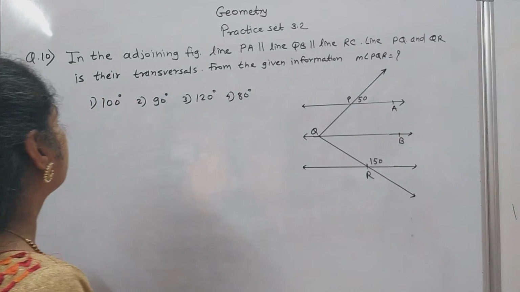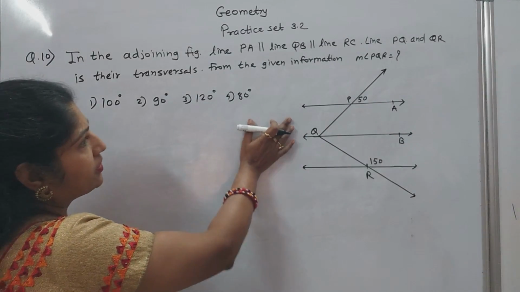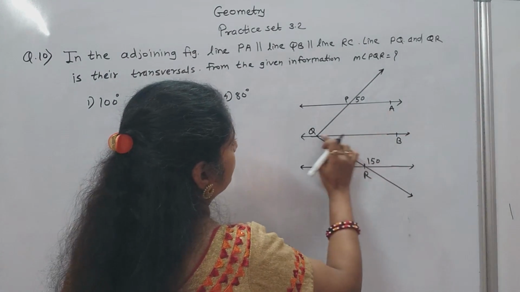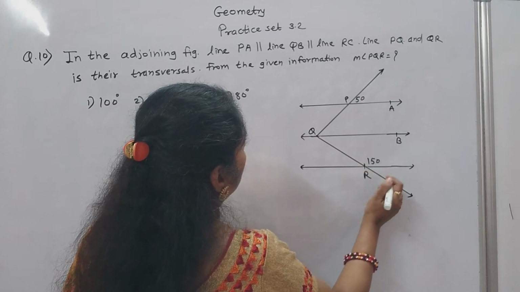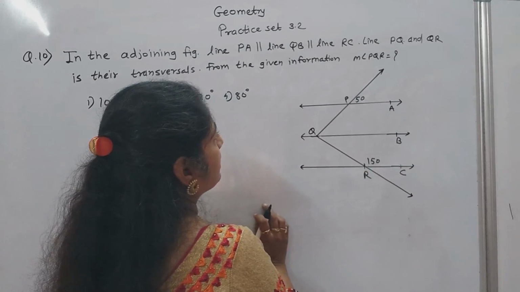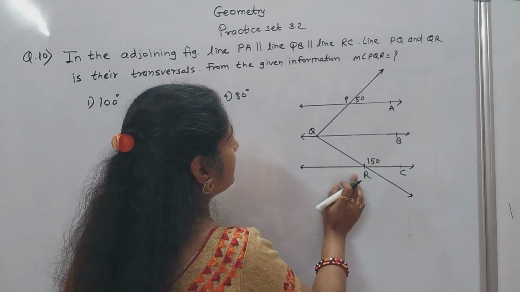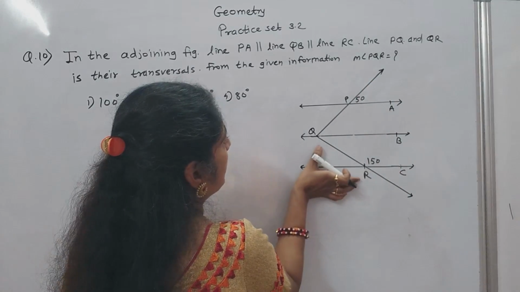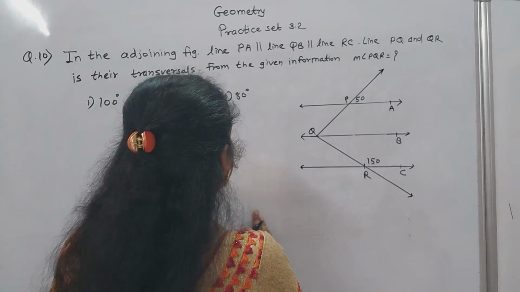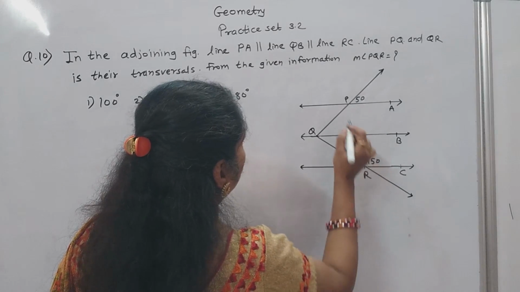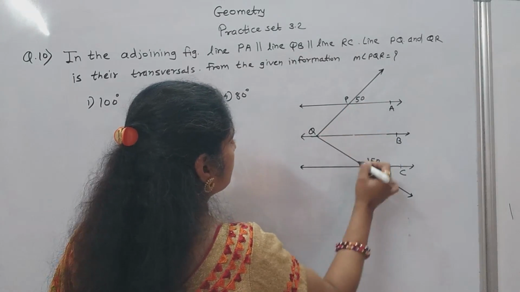Next question is, in the adjoining figure, PA is parallel to QB and parallel to RC. These three lines are parallel, and PQ and QR are the transversals. We have to find the angle PQR.